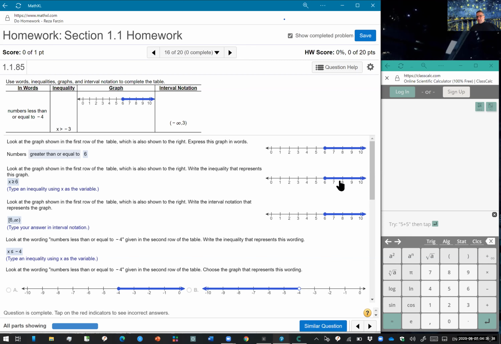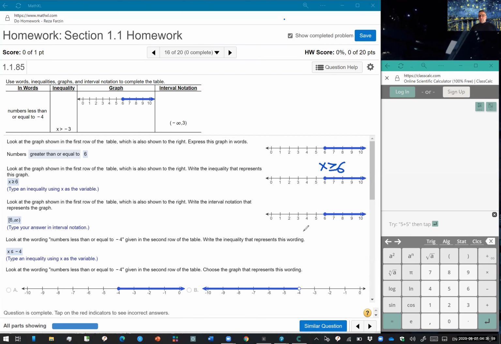How do you describe this? What's 7 compared to 6? It's greater than. So all these are x values that are greater than, or equal to. Exactly. So this is all x greater than or equal to what?